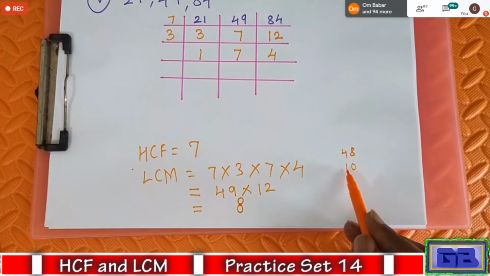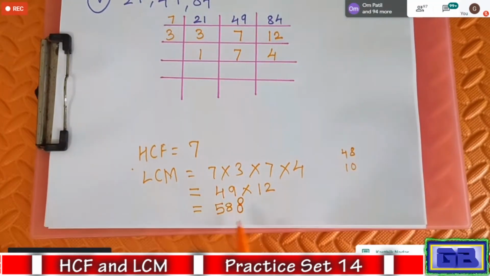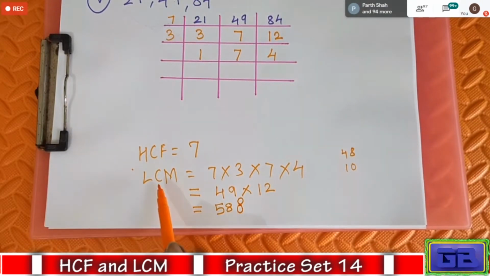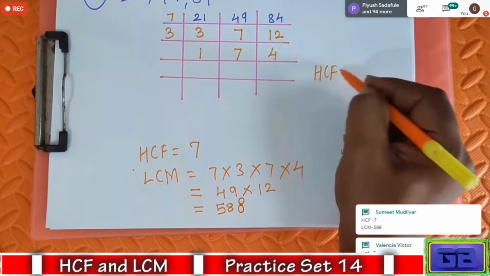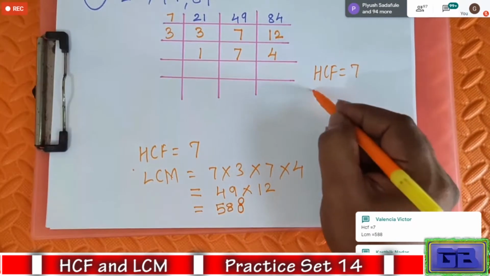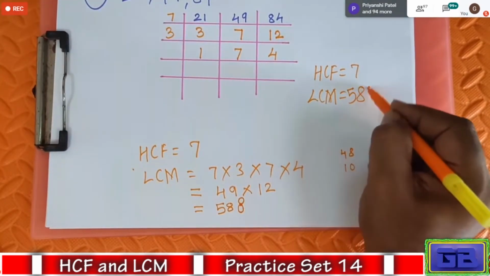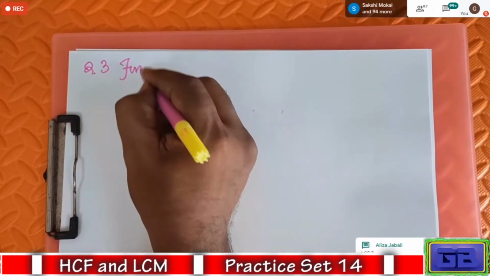So here will come 58. 588 is the LCM of these numbers. So the answer is HCF equals 7, LCM equals 588.